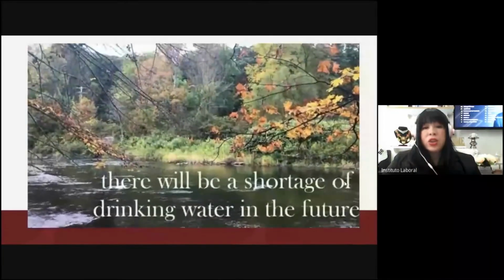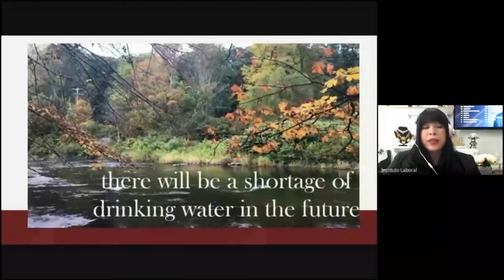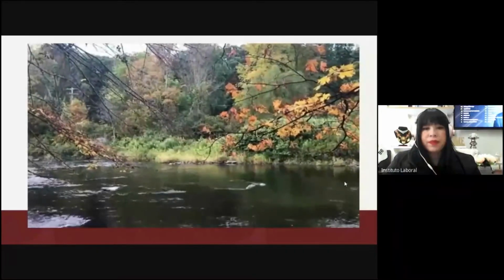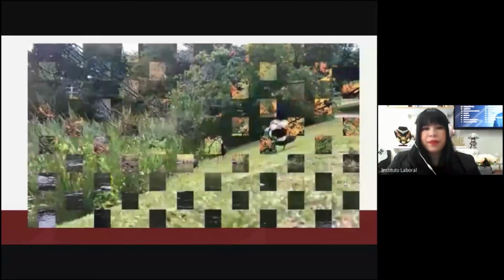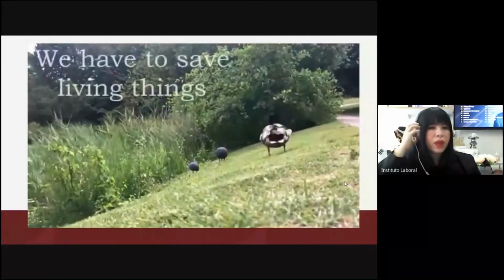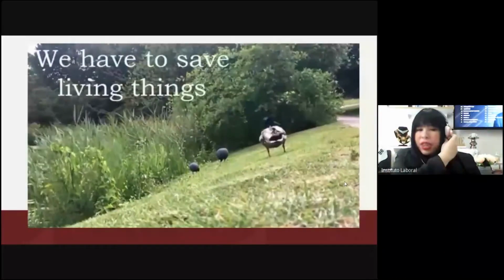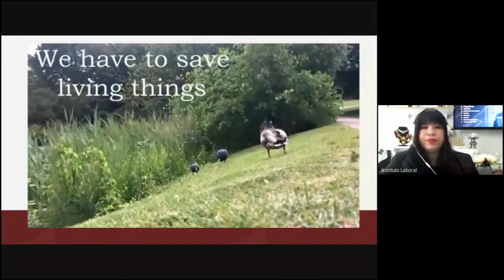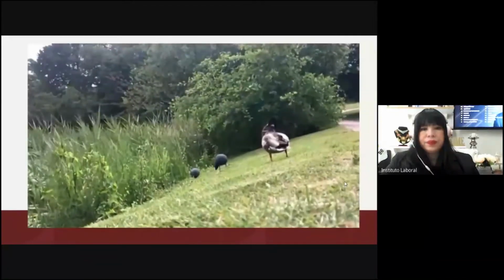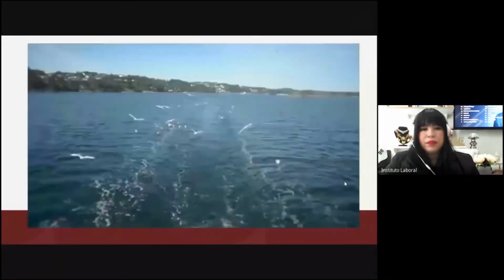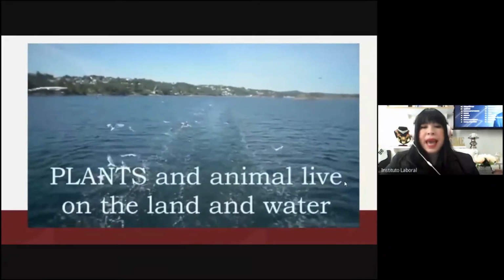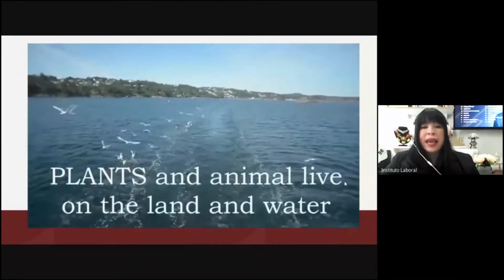There will be a shortage of drinking water in the future. We have to save living things. Plants and animals live on the land and water.